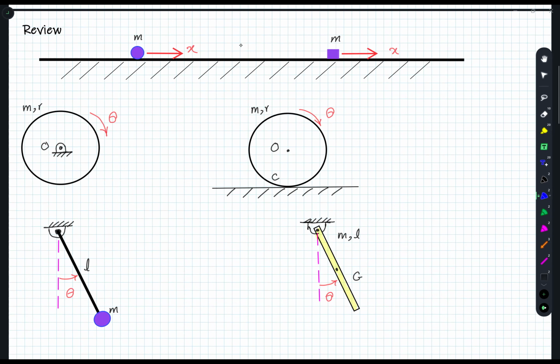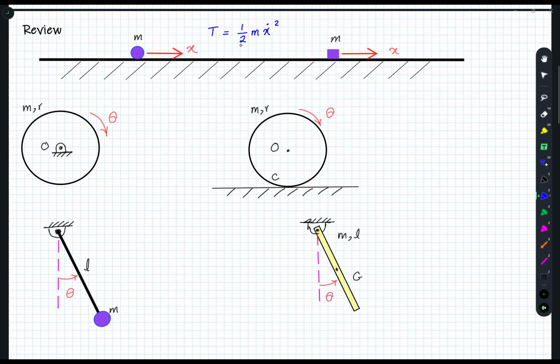If I have a particle, we learn that the kinetic energy for a particle, T, is simply half of m x dot, its velocity, squared. It's independent of the shape because it's a particle. It means all the mass is concentrated at one point.